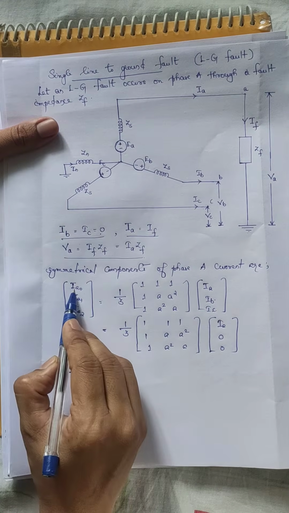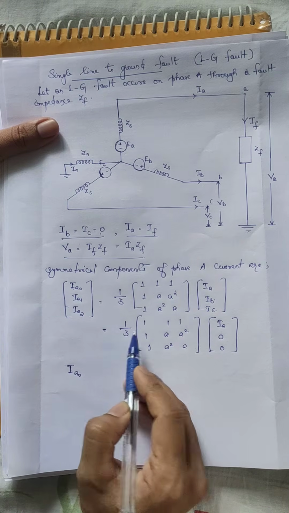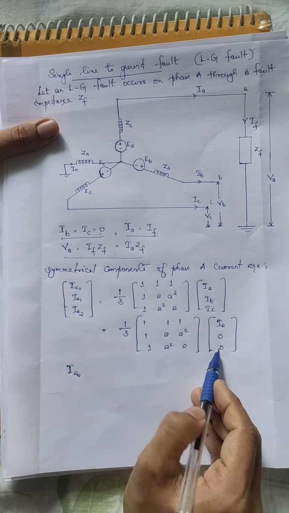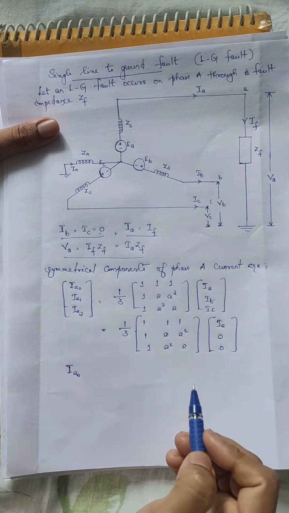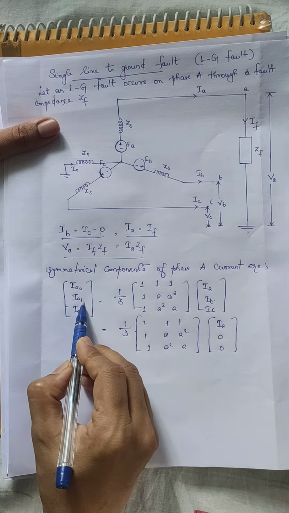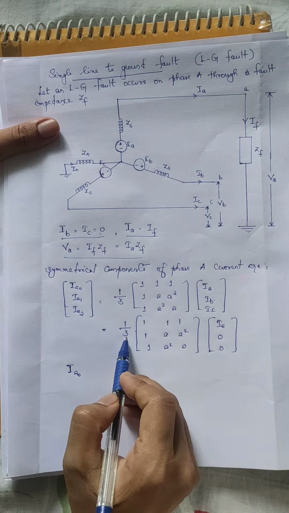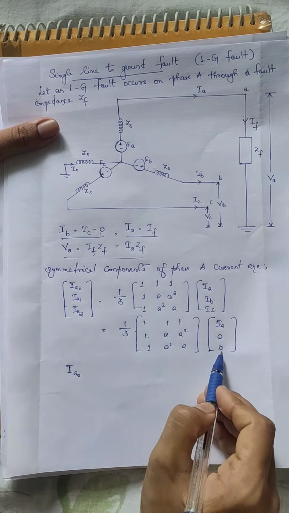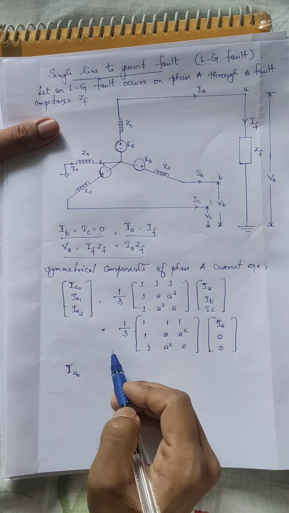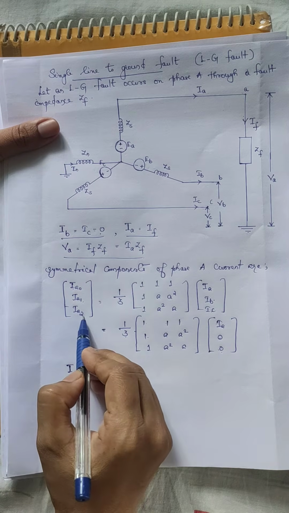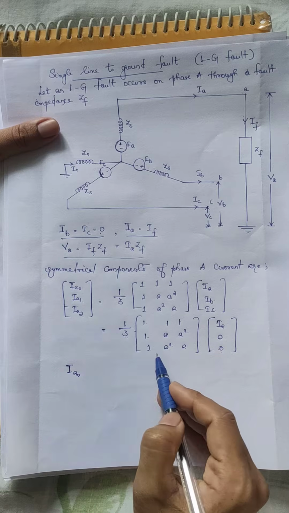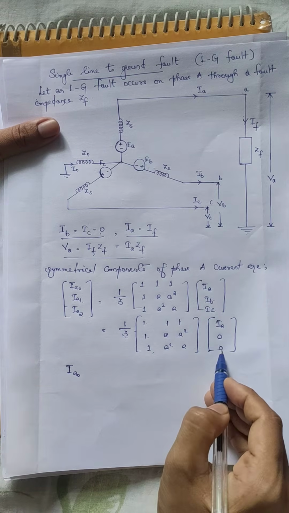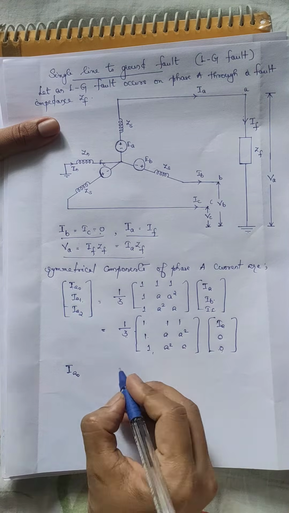We will get IA0 is equal to 1 by 3 into 1 into IA plus 1 into 0 plus 1 into 0, that is 1 by 3 into IA. Now IA1 will be equal to 1 by 3 into 1 into IA plus A into 0 plus A square into 0, which is again 1 by 3 IA. Similarly, IA2 will be equal to 1 by 3 into 1 into IA plus A square into 0 plus A into 0, which is again 1 by 3 into IA.